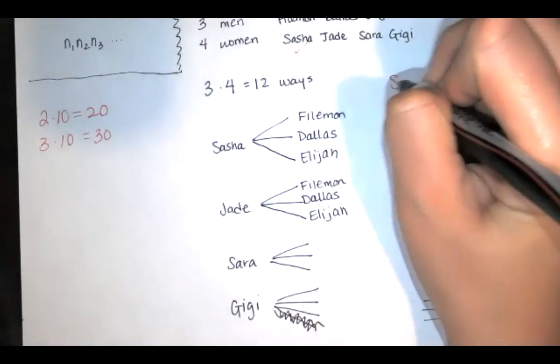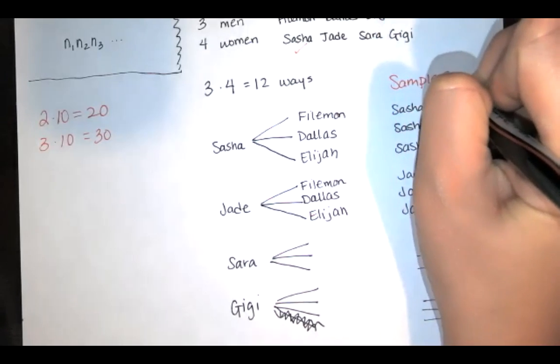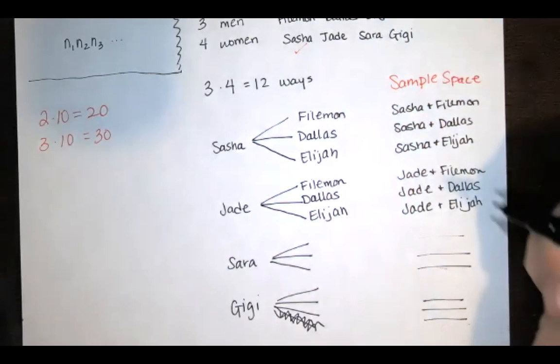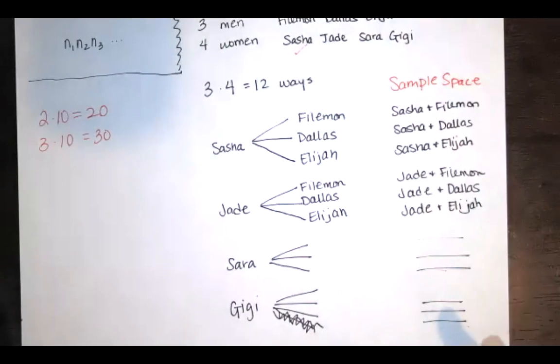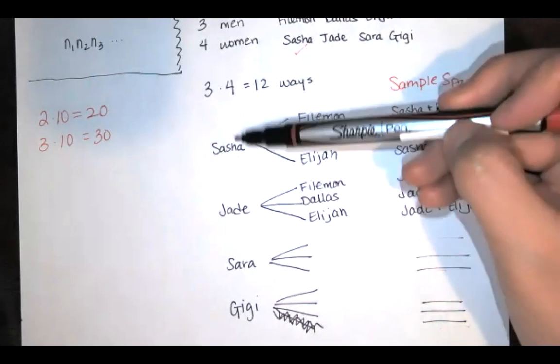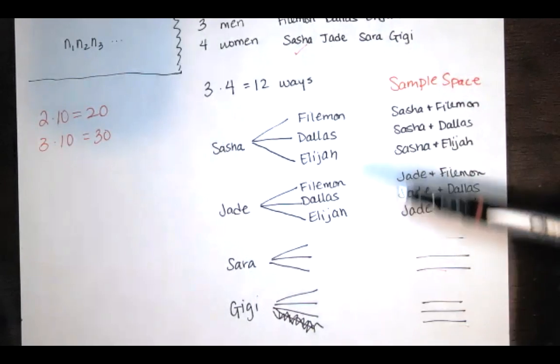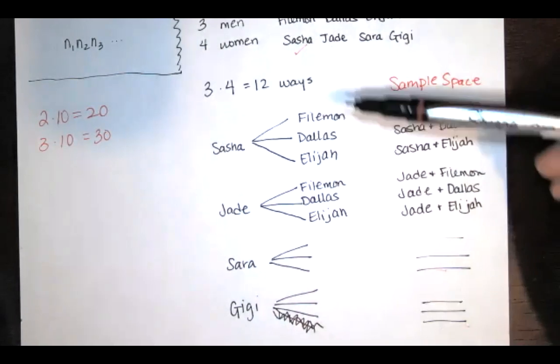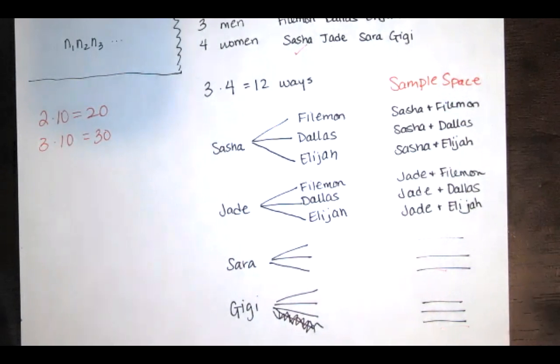Remember, the sample space is the set of all outcomes. And if we're talking about the procedure being pairing dances or partners up to dance, if you're trying to keep the women in one category and the men in another category, so women can learn to follow and the men can learn to lead, you'd end up with these 12 possible pairings over here.